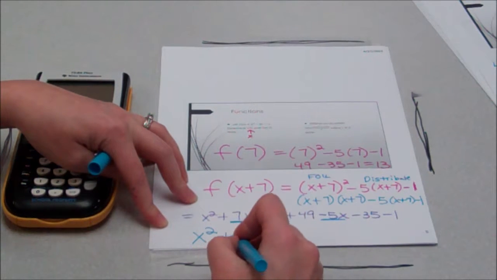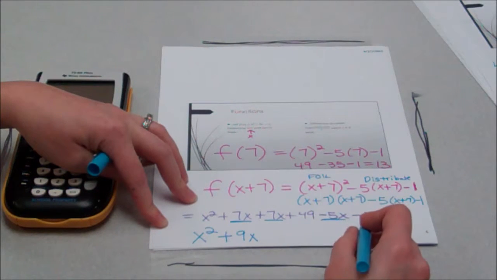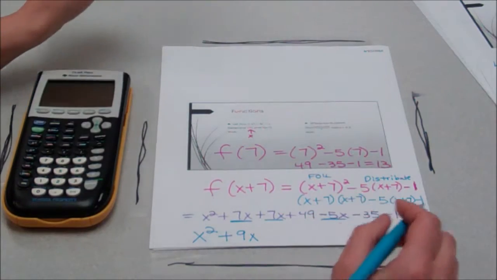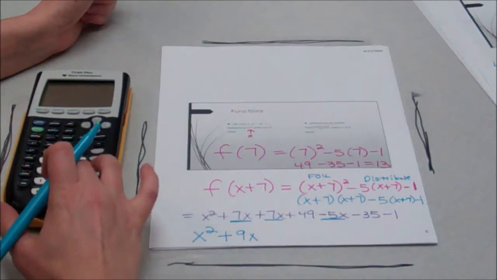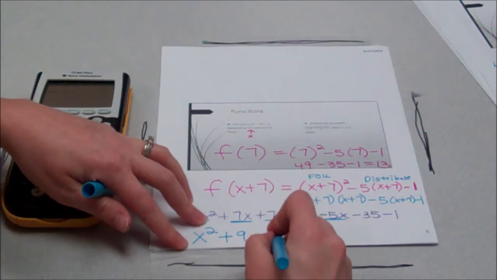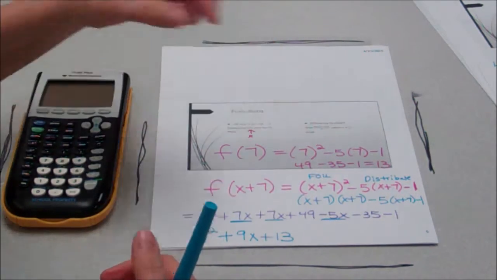Minus 5 makes 9. And then 49 minus 35 minus 1 is going to make 13. Okay, and what I just did there was use the calculator once again. Alright, so I got through the parts that made the most sense to me.